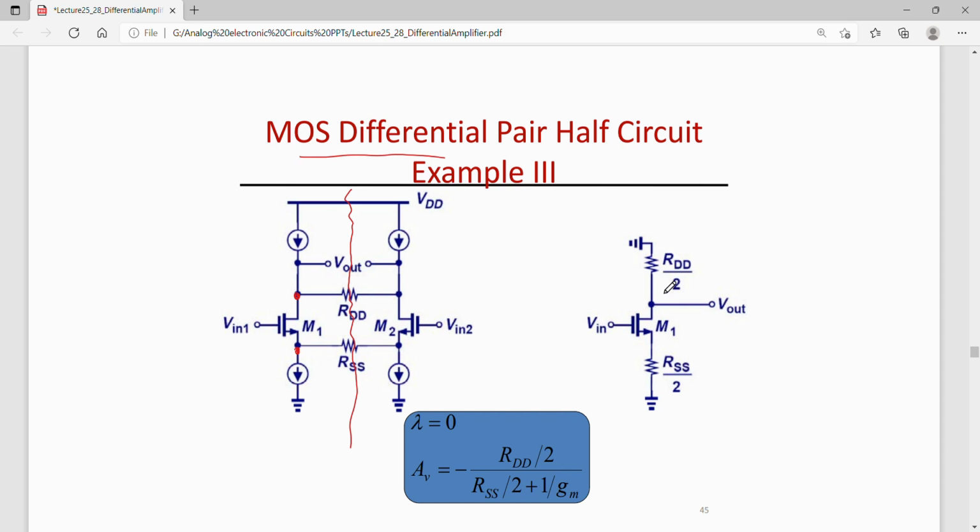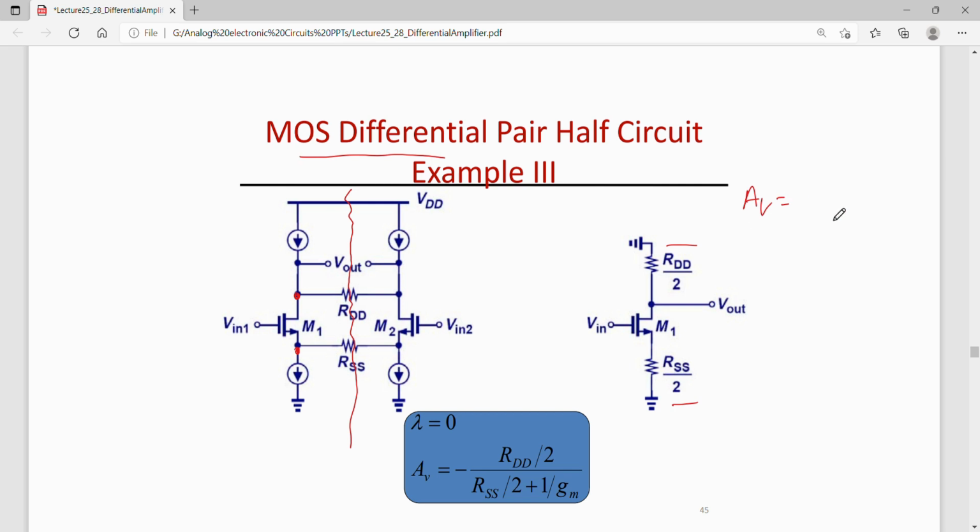The gain of this circuit, which we have found some time back, is a common source stage with source degeneration, because it's a MOSFET.